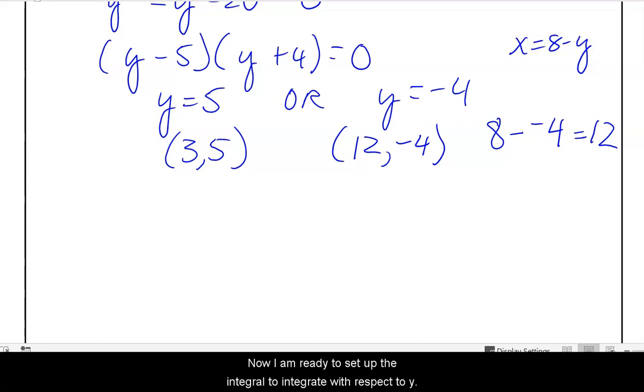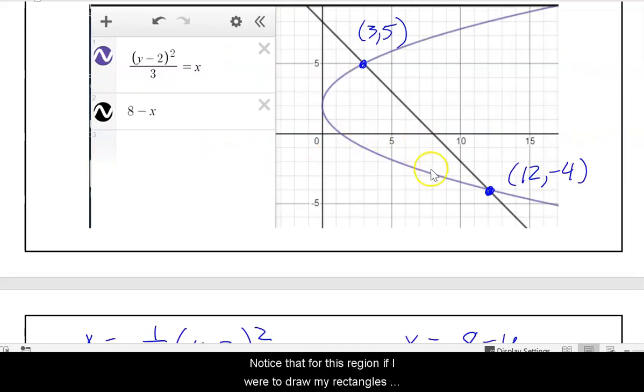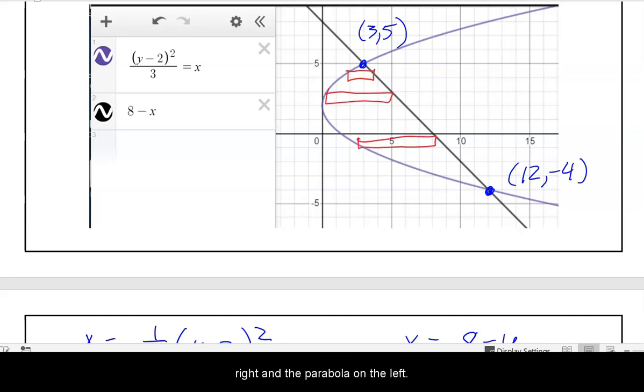Now I am ready to set up the integral to integrate with respect to y. Notice that for this region, if I were to draw my rectangles moving from the top to the bottom between the left and the right side, every rectangle has the slanted line on the right and the parabola on the left.